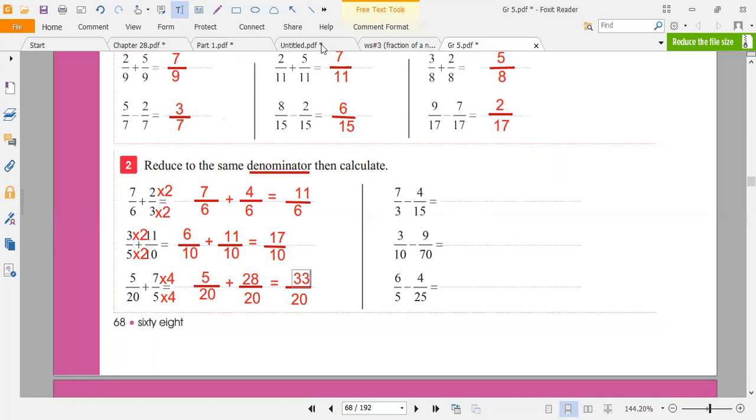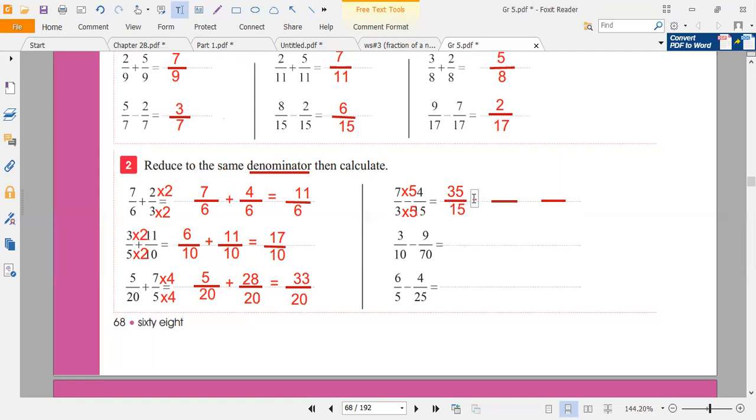Now 7/3 minus 4/15. 15 is a multiple of 3, so we multiply this fraction by 5. 7 times 5, 35. 3 times 5, 15.